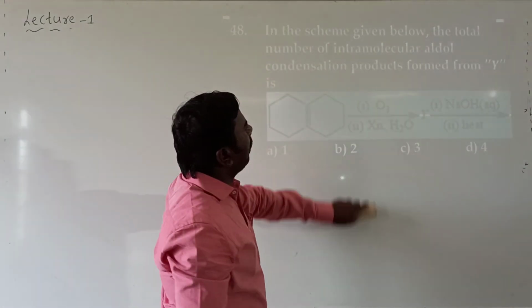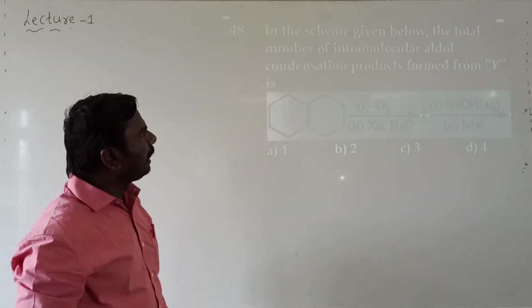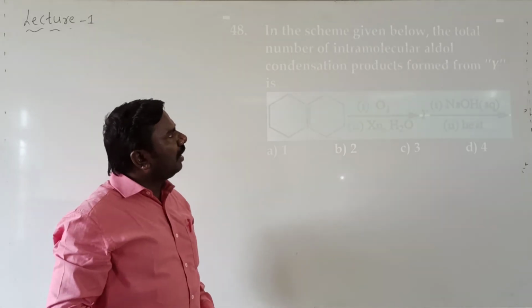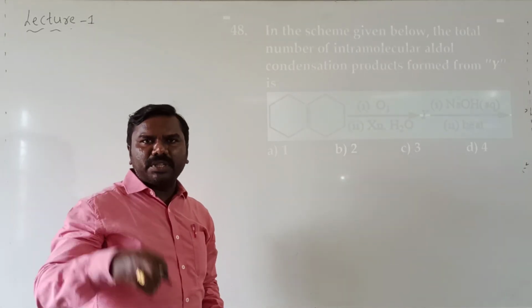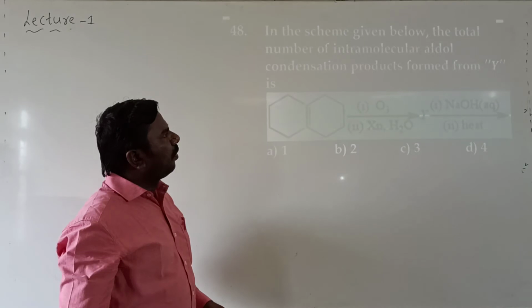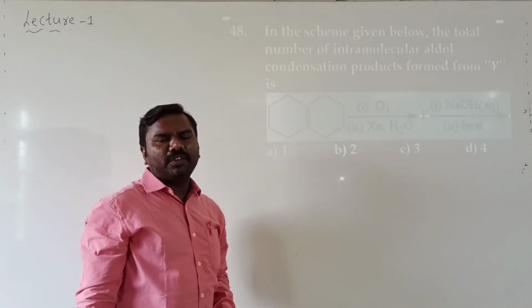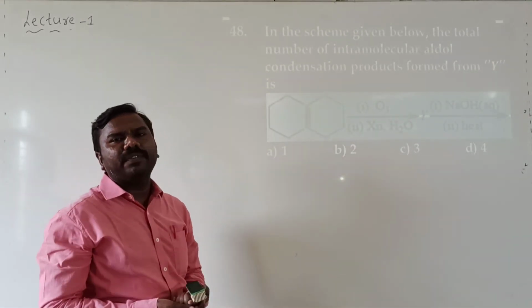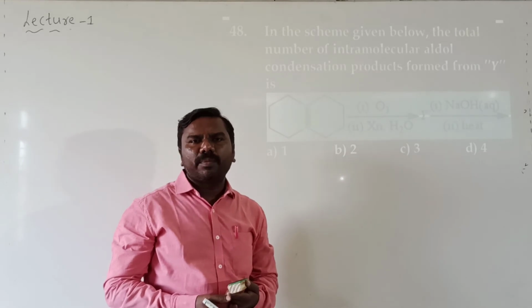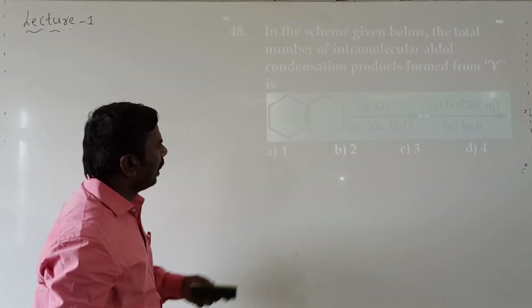In the scheme given below, the total number of intramolecular aldol products, intra means within the single molecule, how many will be formed? Means how many intramolecular aldol products will be obtained. Yes, we'll observe.